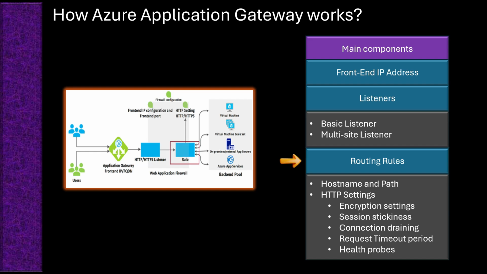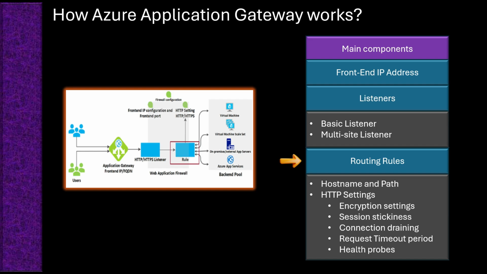Another component of application gateways is routing rules. Routing rules act as the decision makers and link listeners with the backend pools. A routing rule interprets elements like the hostname and path in a request URL to direct traffic to the appropriate server group. These rules come with HTTP settings that define how application gateway interact with the backend servers.